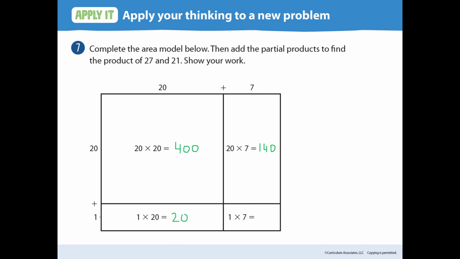And then 1 in the 1 row and the 7 column is 7. So let's add all these together. So when we add all of these together, we should get 567.